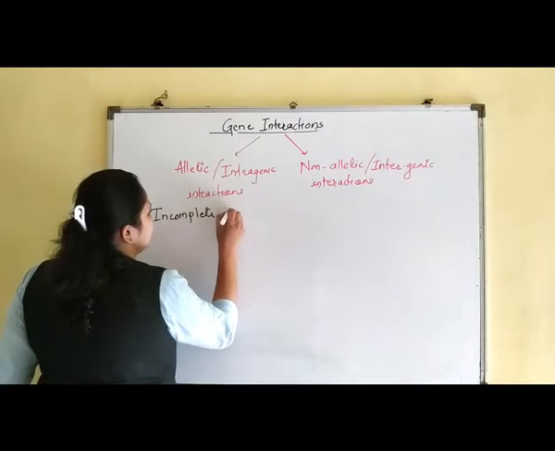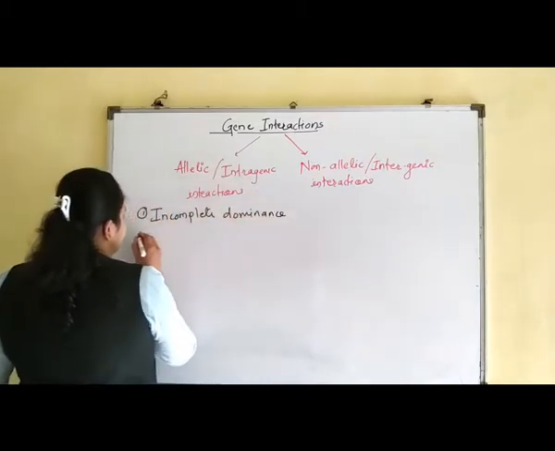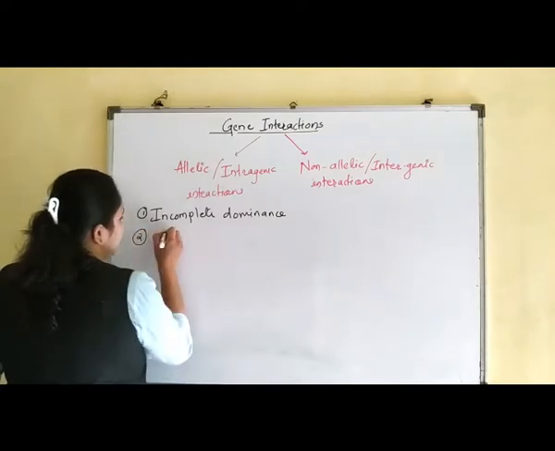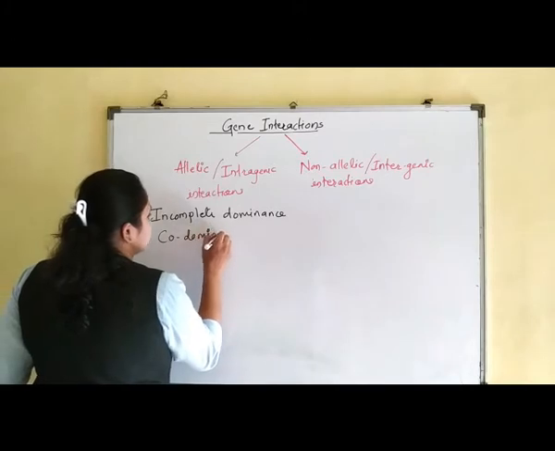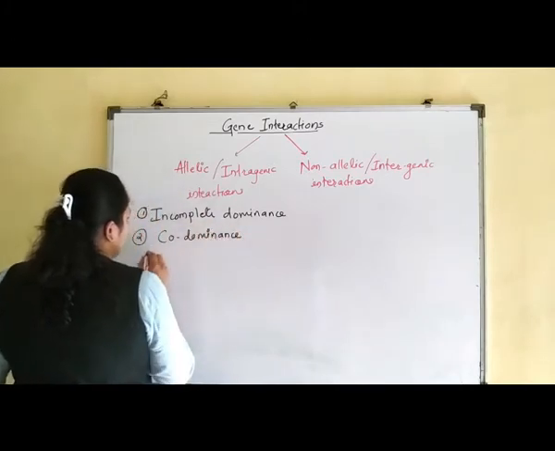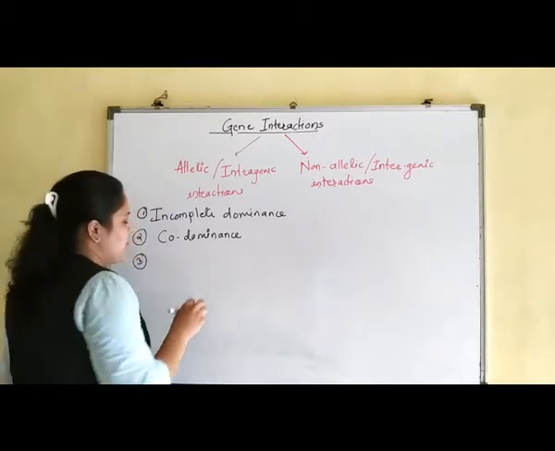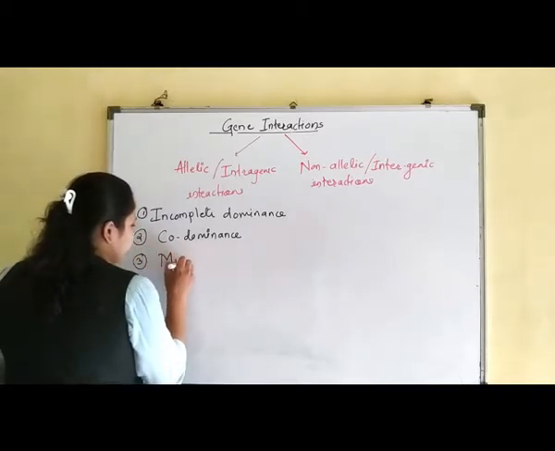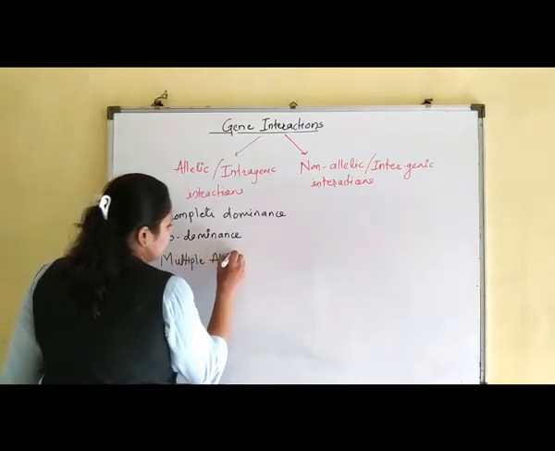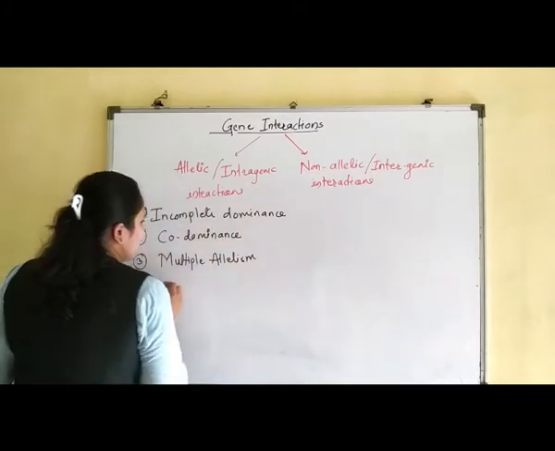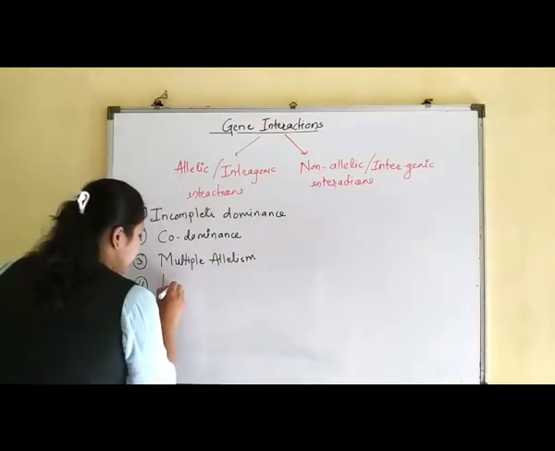Second, codominance. Third, multiple allelism. The fourth example that we are going to study is lethal genes.